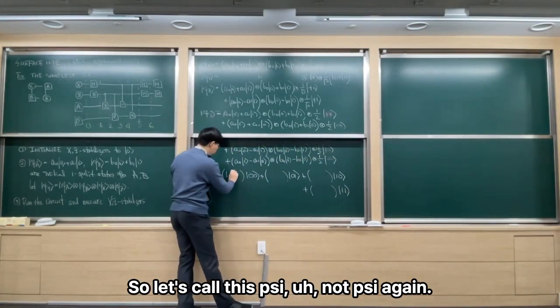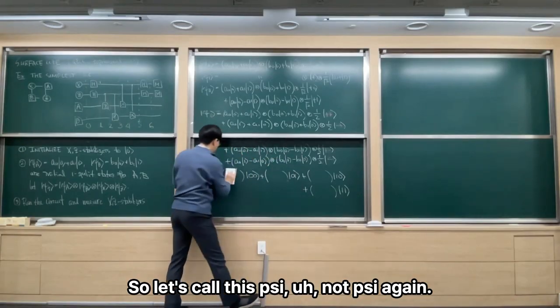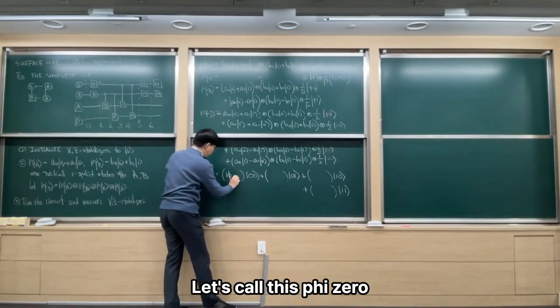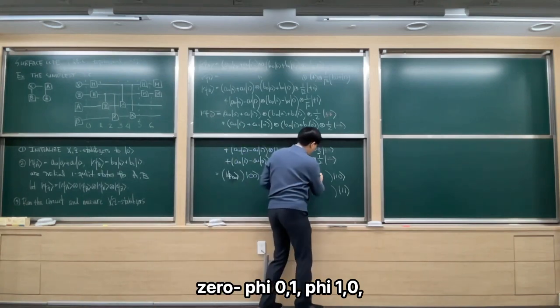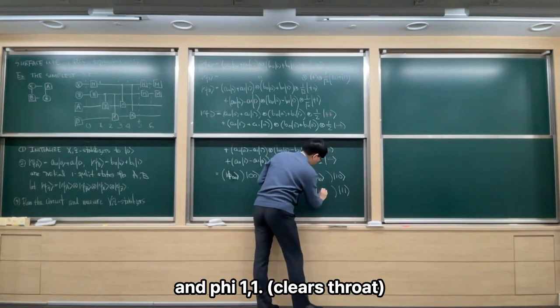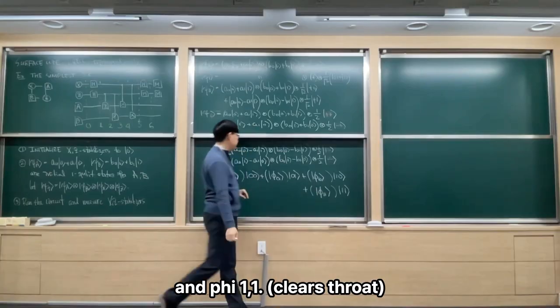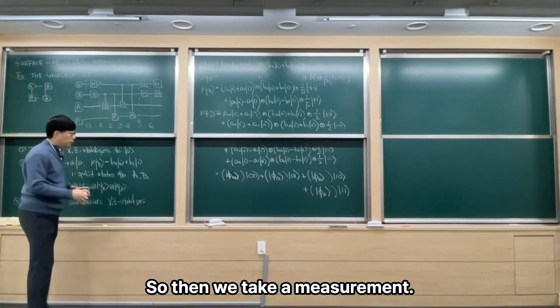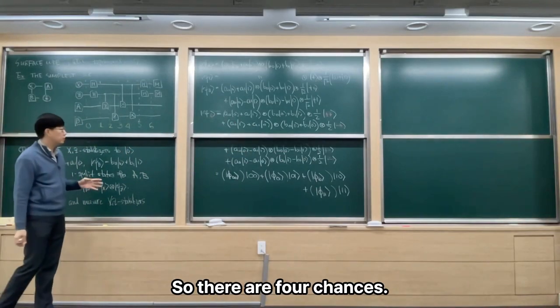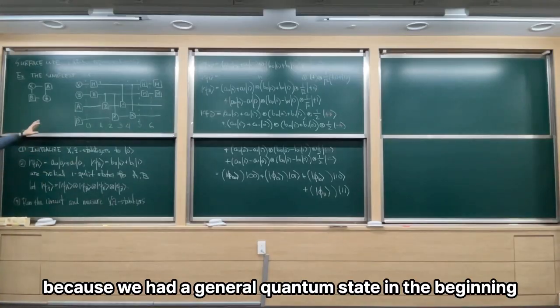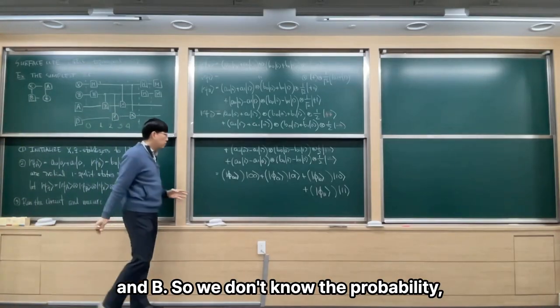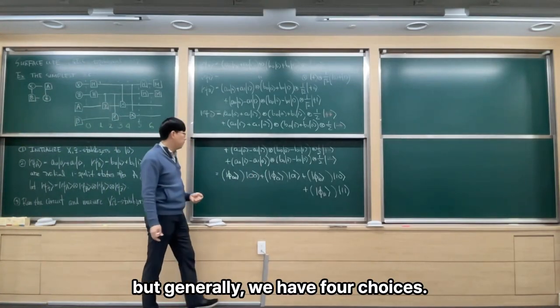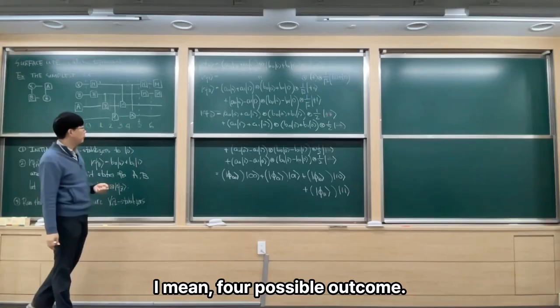So let's call this, not psi again, let's call this phi 0 0, phi 0 1, phi 1 0, and phi 1 1. So then we take a measurement. So there are 4 chances, because we had a general quantum state in the beginning for the data qubit A and B. So we don't know the probability, but generally we have 4 choices. I mean, 4 possible outcomes.